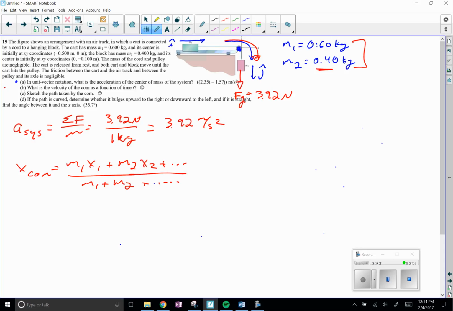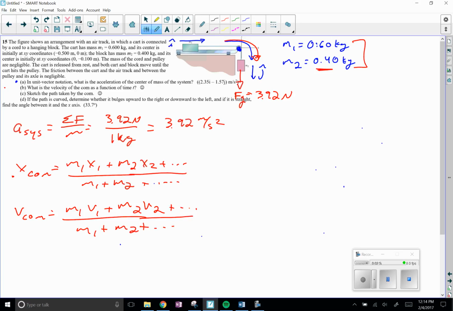We also talked about the velocity of the center of mass, and we discovered that if you differentiate this position with respect to time, the velocity of the center of mass is just the mass of object 1 times the velocity of object 1, plus the mass of 2 times the velocity of 2, divided by the total mass, right?